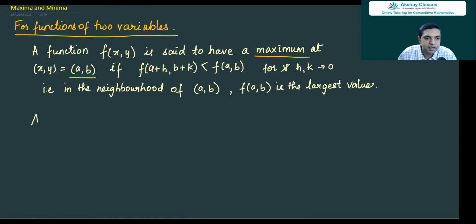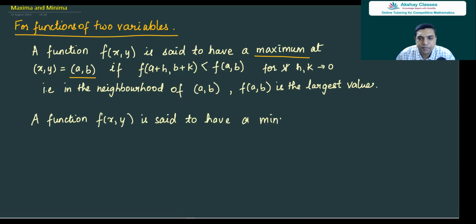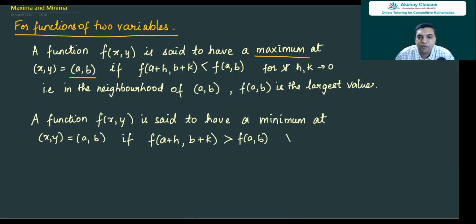So for minimum, similarly, a function f of x comma y is said to have a minimum at x comma y equal to a comma b if f of a plus h comma b plus k is greater than f of a comma b for all h comma k tending to 0.